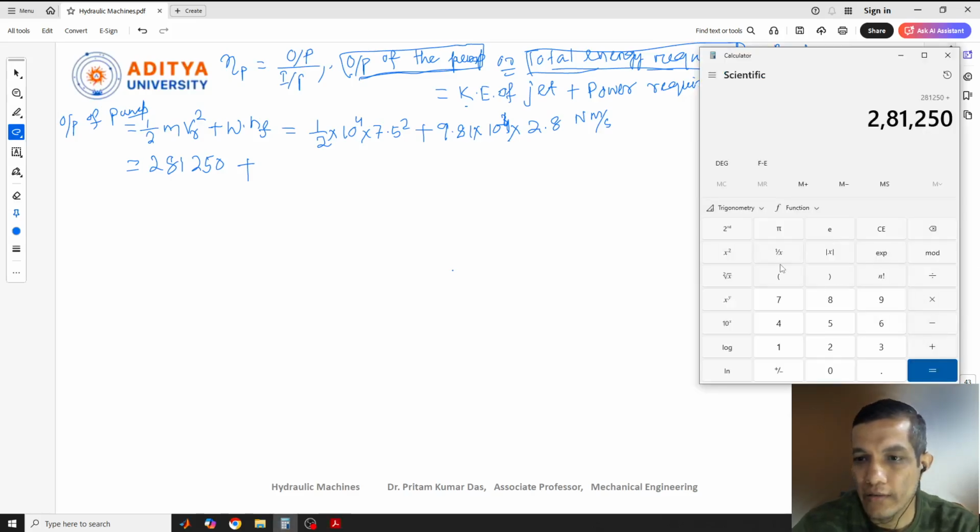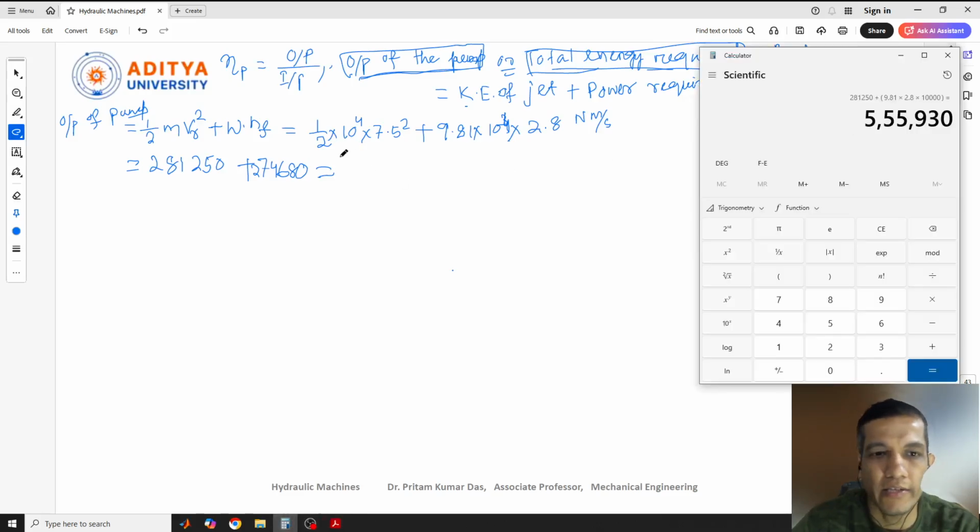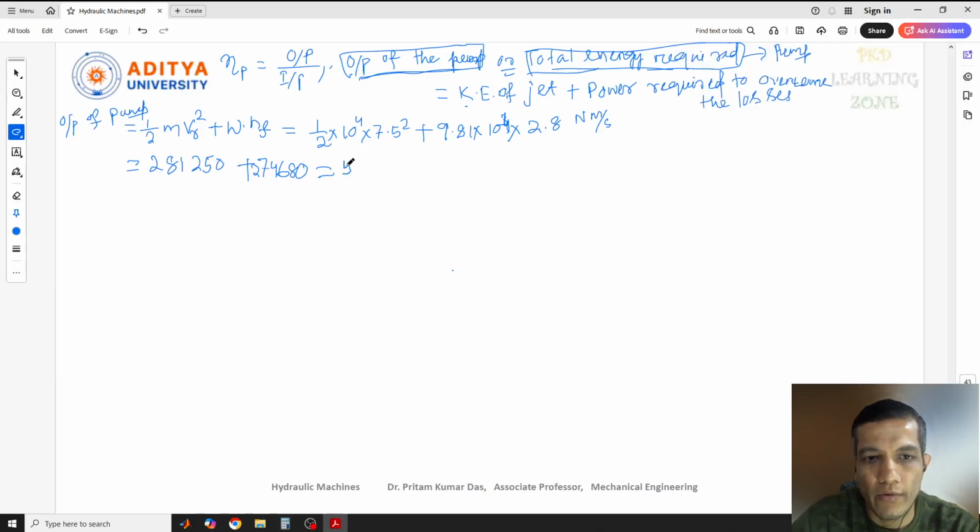This plus, I'll start the bracket here: 9.81 into 2.8 into 10,000, bracket close, which is 274,680. Adding what we have, we get 555,930.